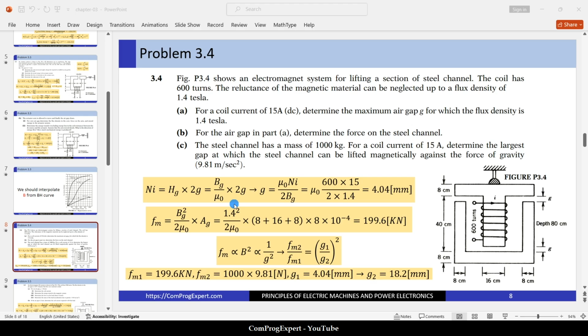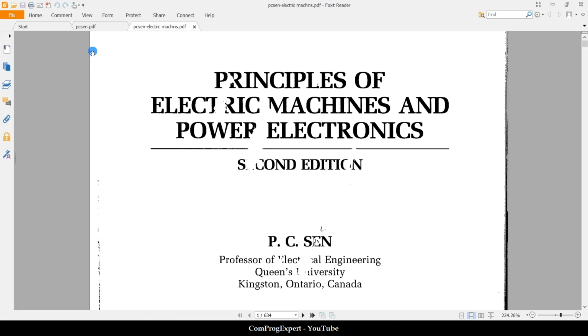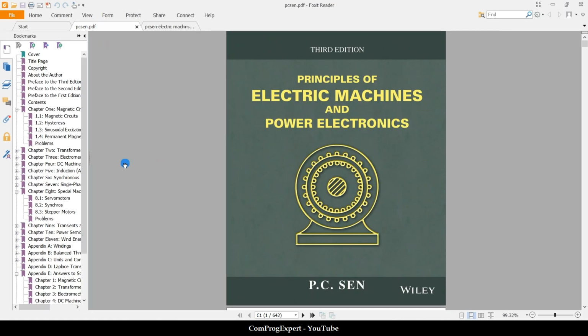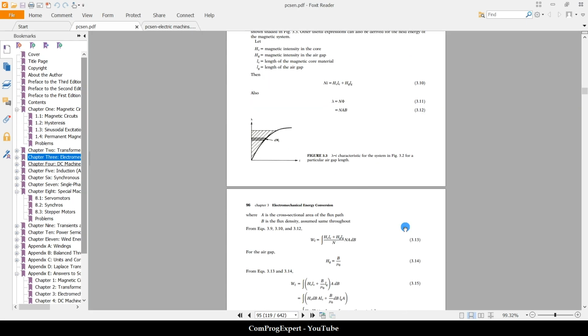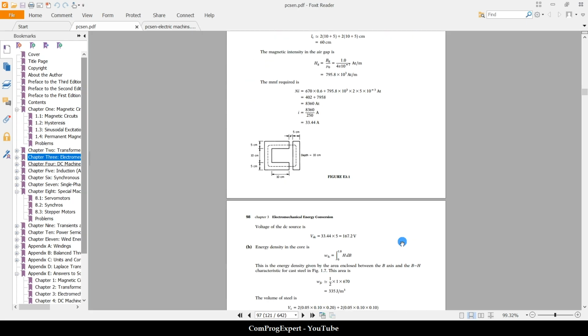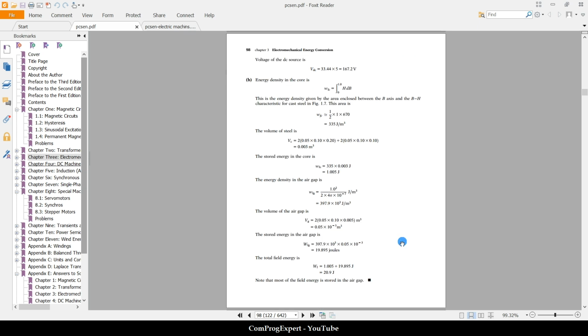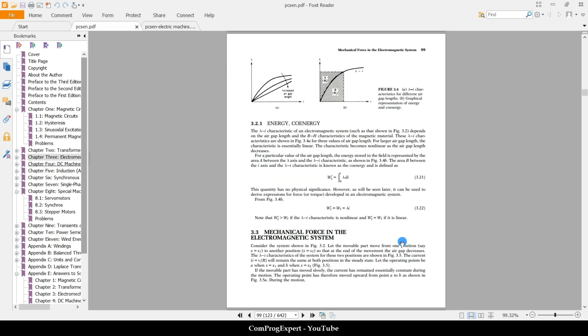Before starting to solve this problem, let me show the typo errors that we had in the reference in chapter 3. Yes, we discussed these equations, and here was one typo error that we had.